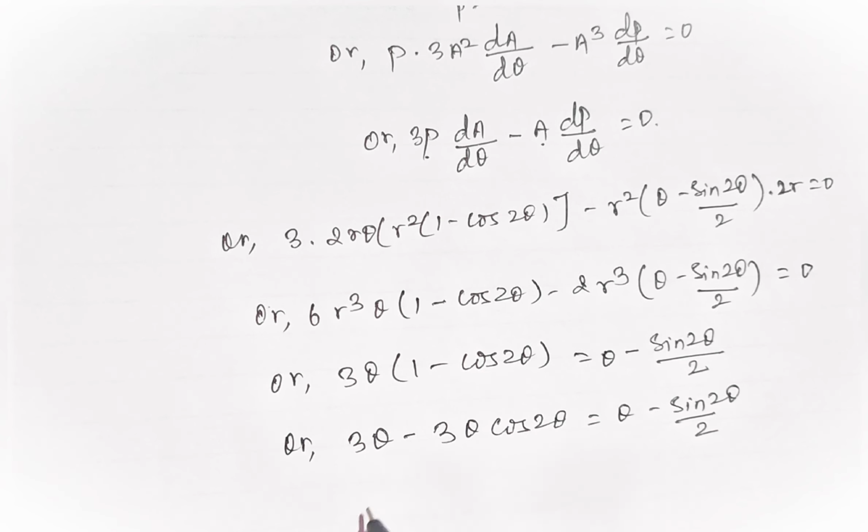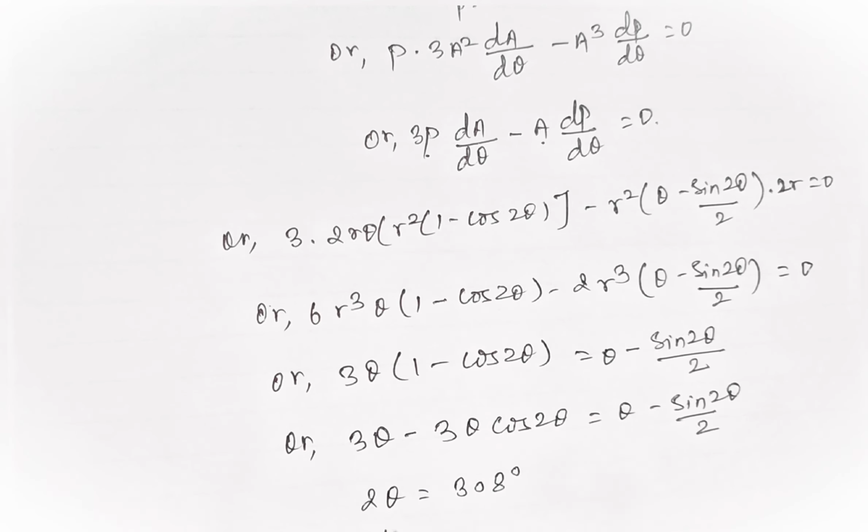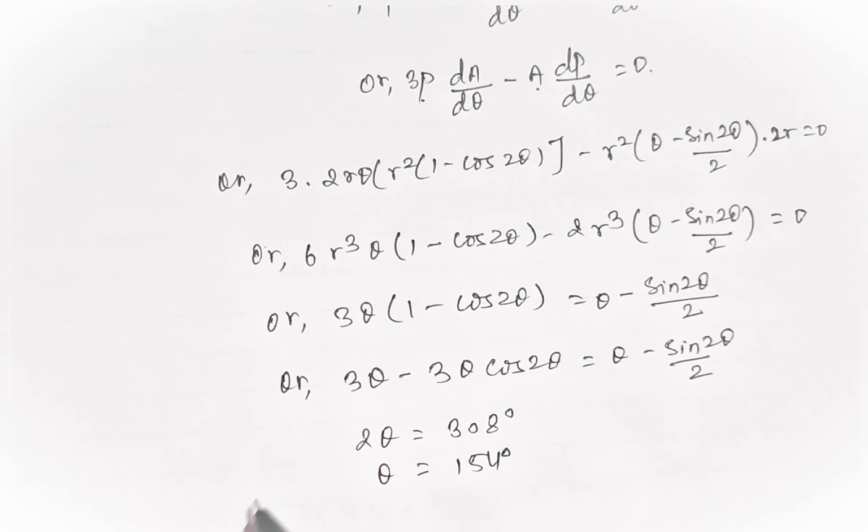On simplifying this, we'll get theta equals 308 degrees, and so theta equals 154 degrees. After this, we'll calculate the depth of flow.